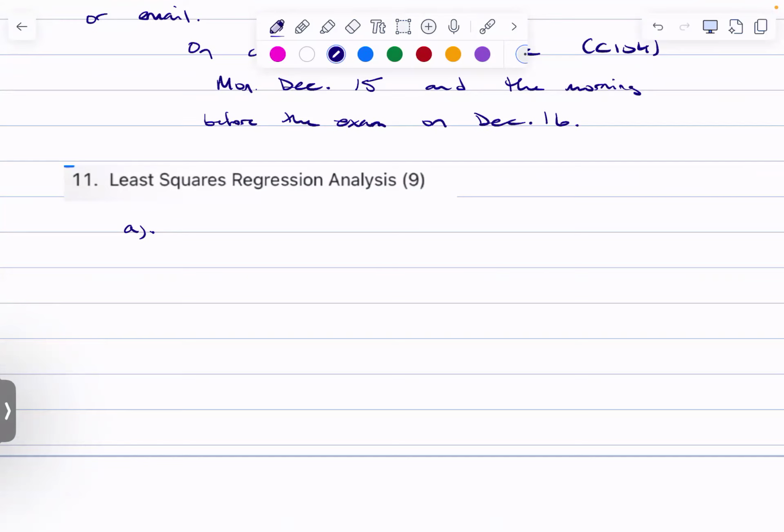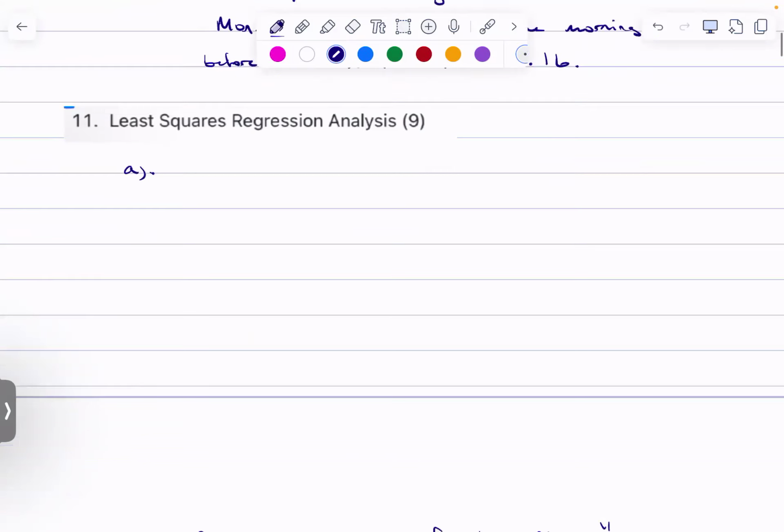These are kind of the potential parts that I could ask you, right? If I give you a scatter plot, then I might ask you to describe the relationship, right, between X and Y.